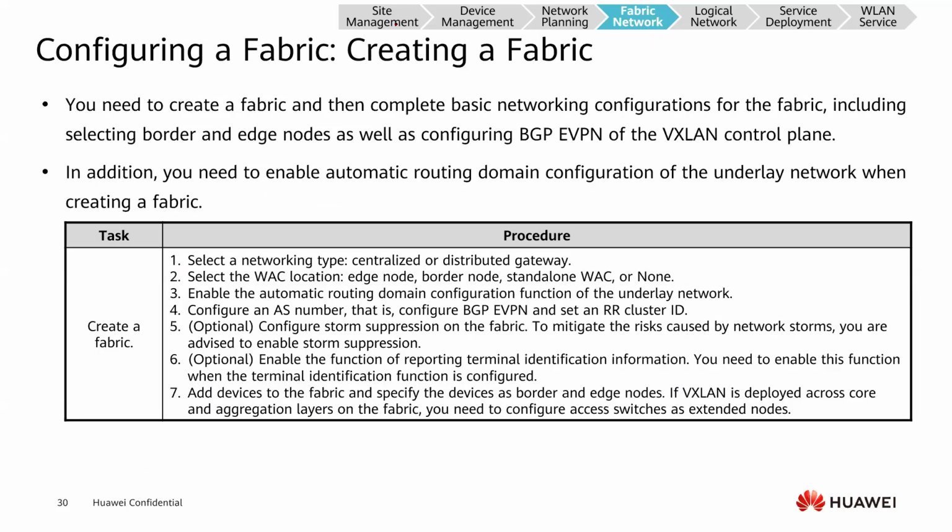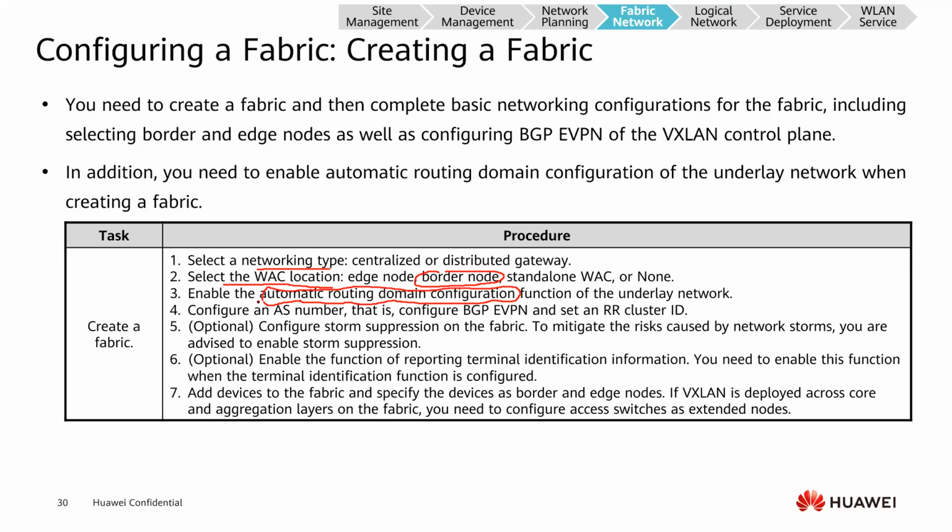So first, you just need to create a fabric, and this is the process for creating a fabric. You need to select the network type and select the AC location. In our experiment, we use the border as a native AC. That means you choose the border node as the AC's location and enable the automatic routing domain configuration.